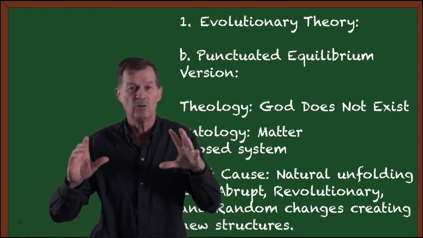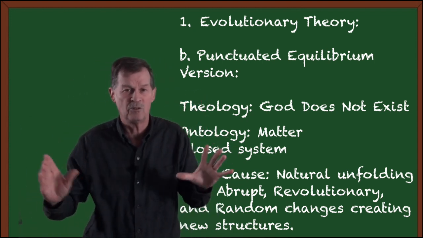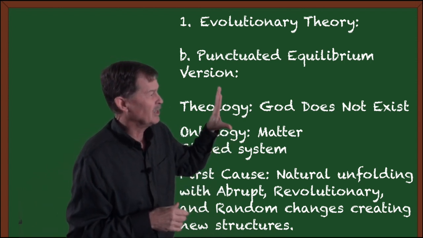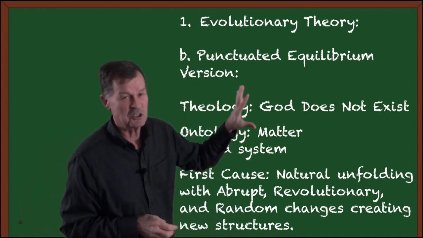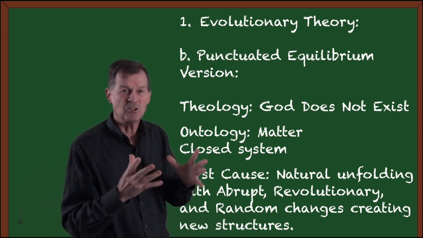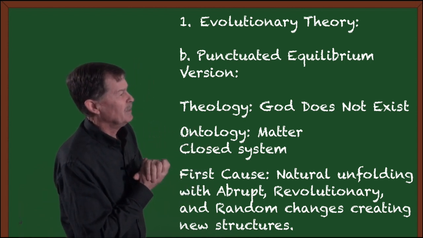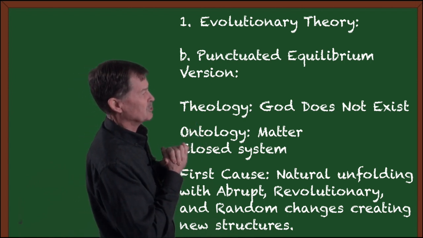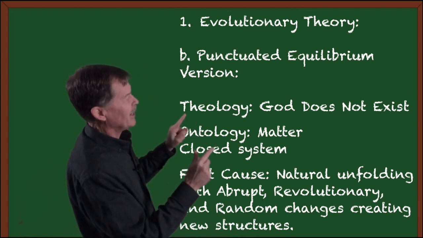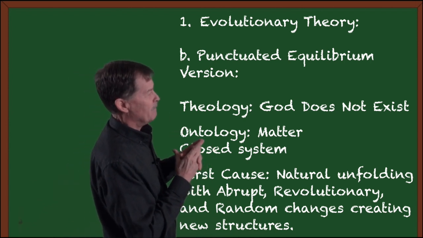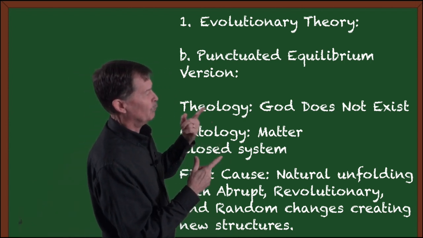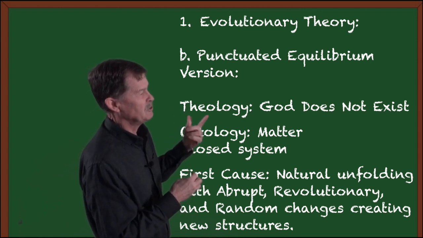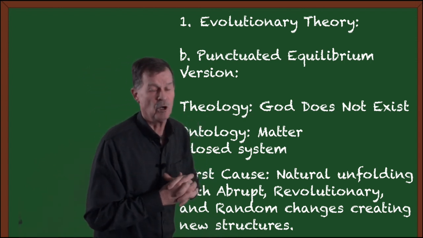There are no miracles, no divinities, no gods, nothing. So it goes pretty much down the same line as the Darwinian version. But here is where it changes up a little bit. In the first cause, it believes in a natural unfolding, but with abrupt, revolutionary, and random changes, creating new structures.